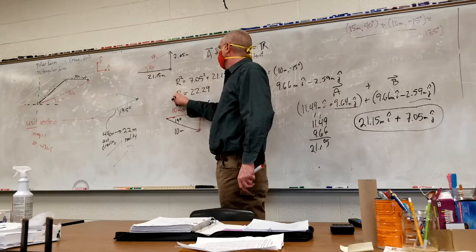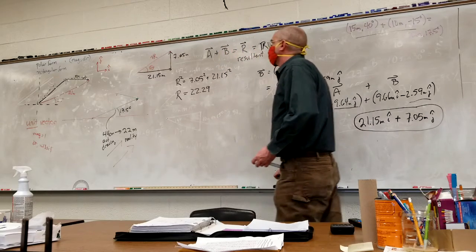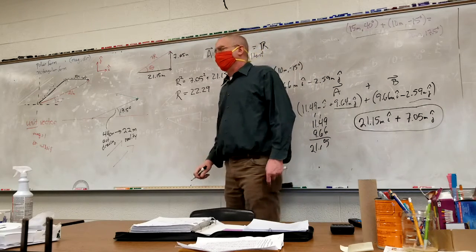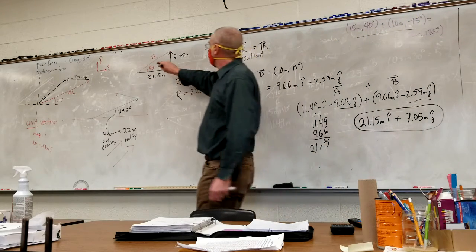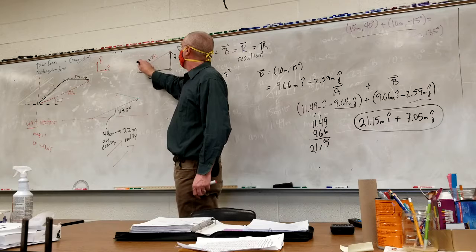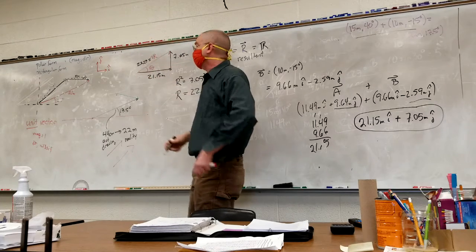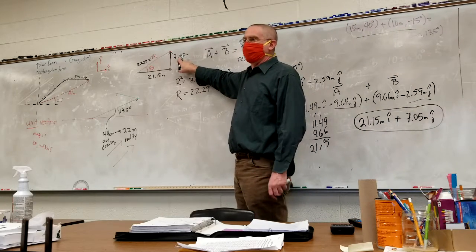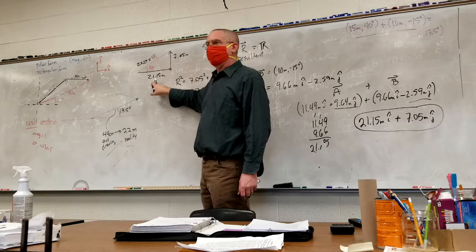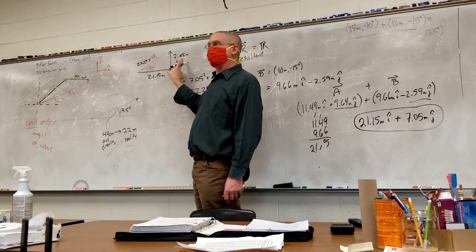Oh, that's R. And now the angle. All right, so I've got 3 sides here, because we now know this is 22.29. I'm assuming you rounded off when you told me 22.29. So I have 3 numbers here. This had some rounding in it. That had some rounding in it. This has a little bit more rounding because this is based upon two rounded numbers.